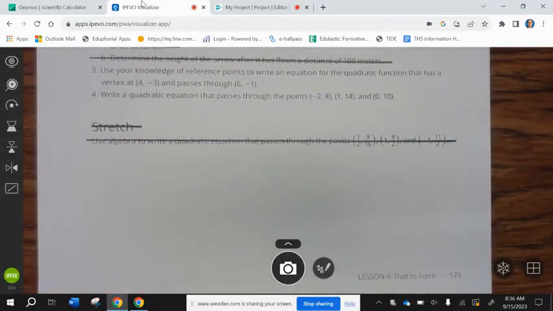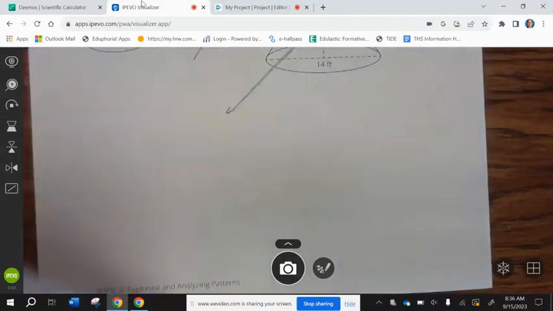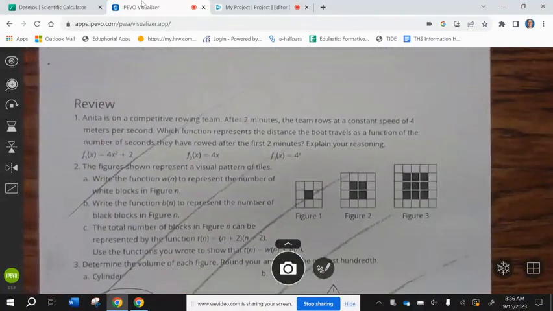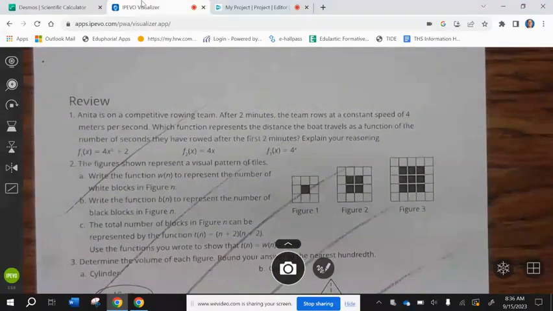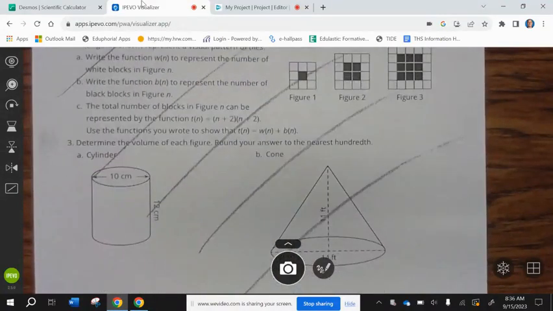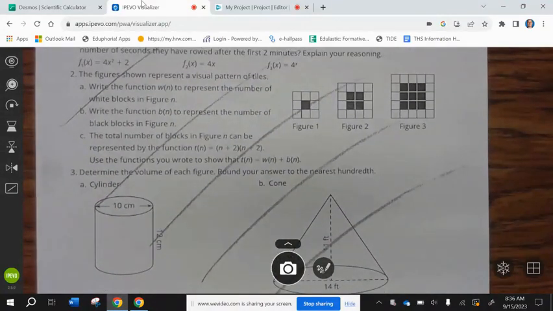Page 175. Okay. You can basically cut out this page. And if you would, go and start working on your assignment and have a wonderful Wildcat day.